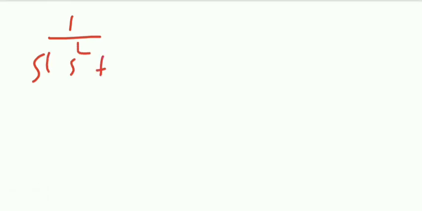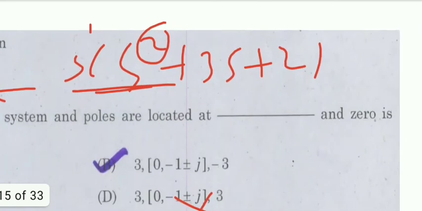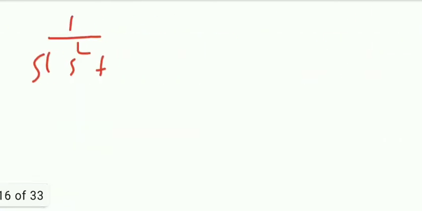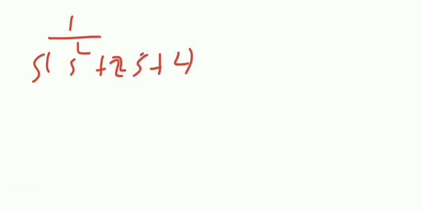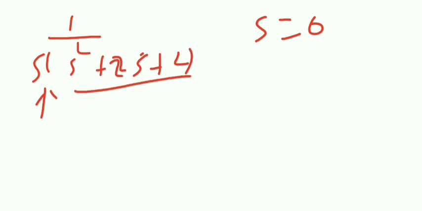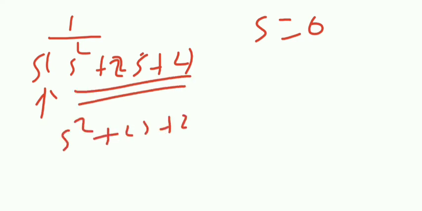In the denominator we have s into (s squared plus 2s plus 2). This implies s equal to 0 is a pole, because when you substitute s equal to 0, the total function will become infinity. So that is one pole. We find another pole from s squared plus 2s plus 2 equal to 0.